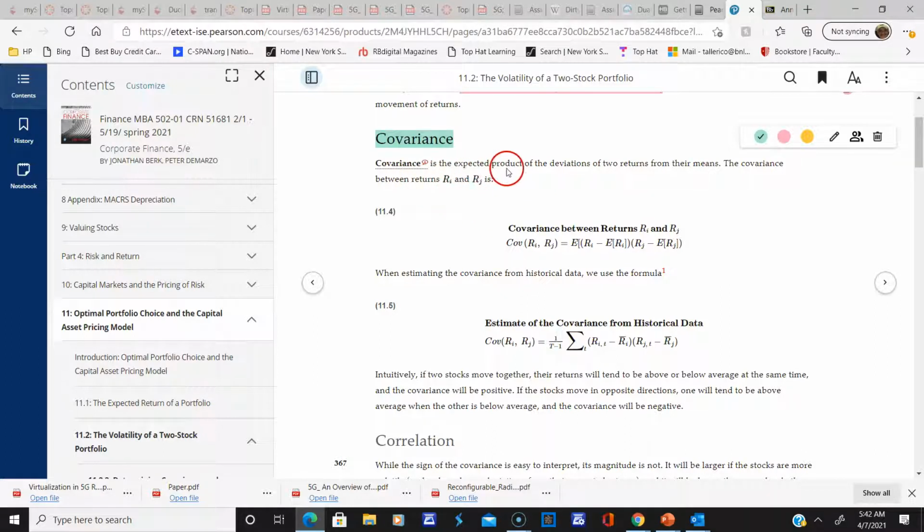Covariance is the expected product of the deviations, and they always use the word expected, of two returns from their means.